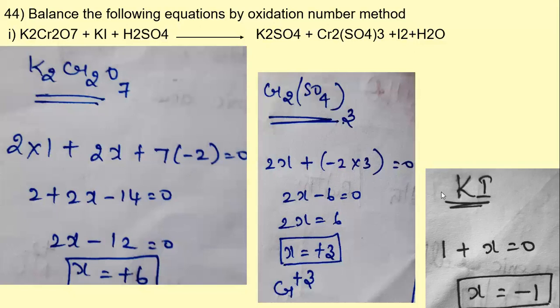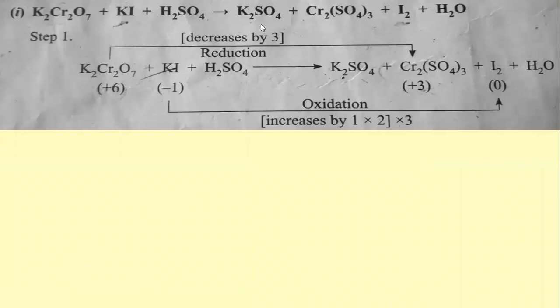Then after that you have to go for which is the oxidation and which will be the reduction reaction. See here I have written the first step. This is the question that was given: potassium dichromate and potassium iodide on reaction with sulfuric acid give potassium sulfate, chromium sulfate, iodine, and then water molecule formation.